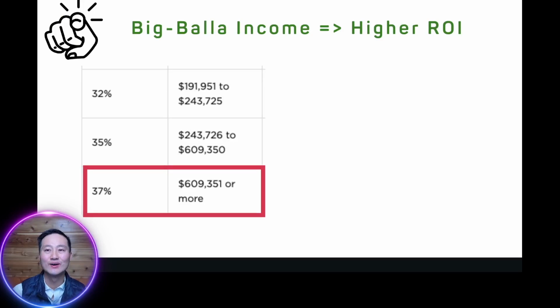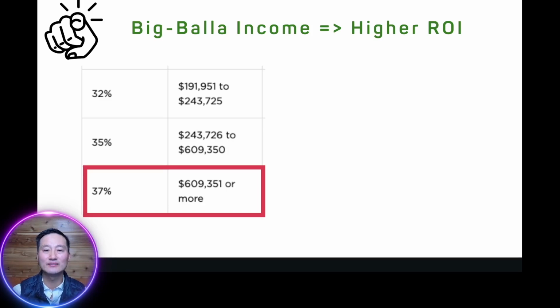So now, when you start making big dollars as an interventional radiologist or plastic surgeon, you're likely going to be sitting at the 37% tax bracket, right? So that means every extra dollar that you can deduct to lower your taxable income will save you 37 cents in taxes. So think about that.